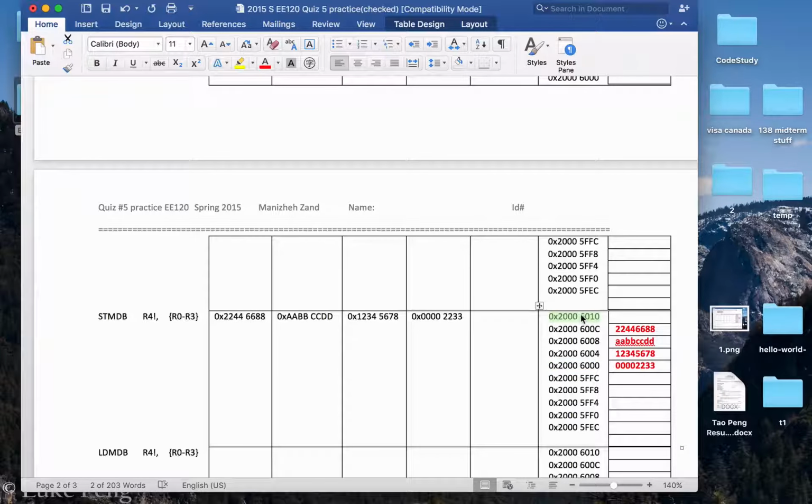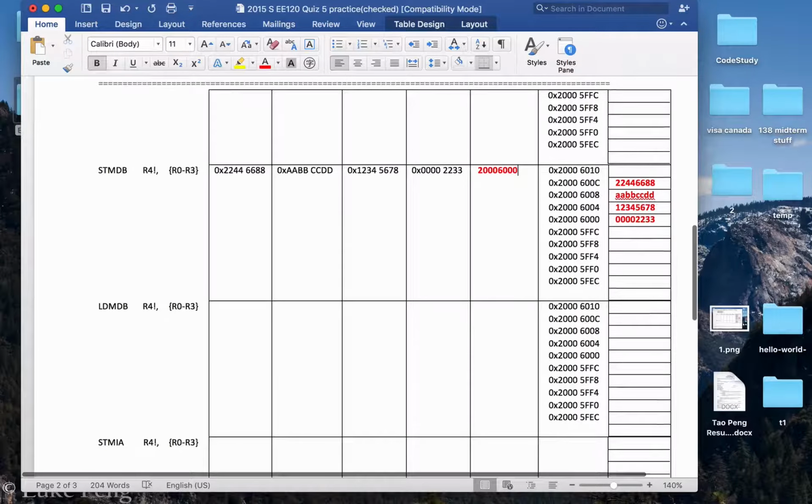I decrease, store, decrease, store, decrease, store, decrease, store, then I'm done. So I stop here. I have write back, which means my R4 will change to the current pointer, which is 20006000.